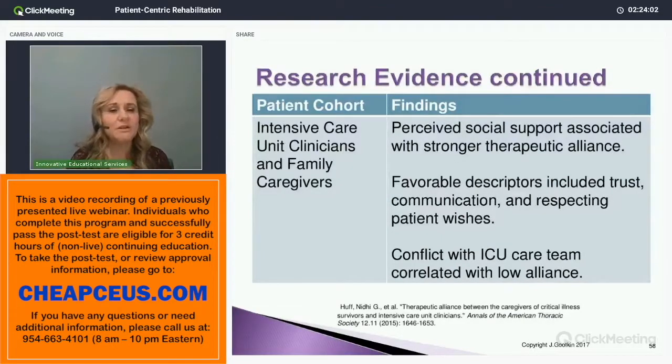How about if it's not the patient that we bond with? Think of if you're working in pediatrics, or if you are in the intensive care unit, it's the family. And you need to remember that you also need to connect with them, because ultimately they will be the caregiver. And they're kind of an extension of the patient. They're part of that satisfaction for you to look at. So they looked at family members of patients in an intensive care unit, the spouses, the children. These were medically complex patients with 2 or more comorbidities.